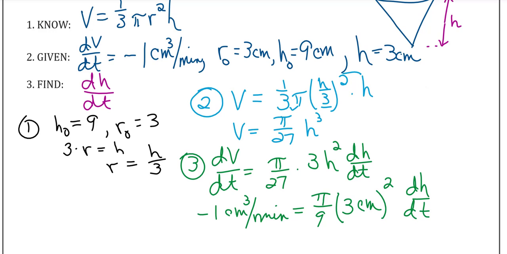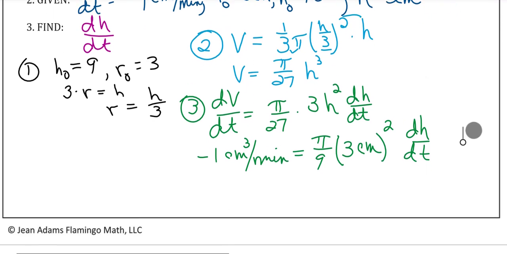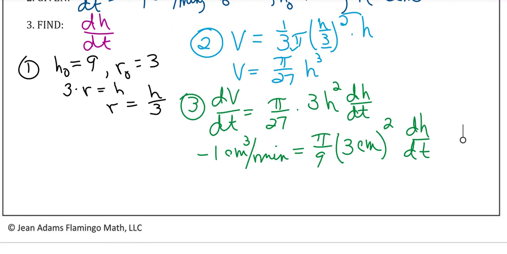Okay, so solving this, we're going to have here a 9. So the 9s will cancel. And then we're just going to have pi centimeters squared times dh dt.